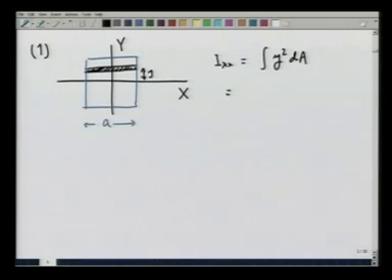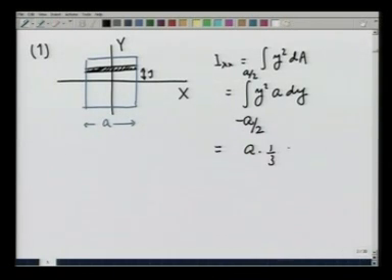So, this becomes integral y square a dy, and y changes from minus a by 2 to a by 2, and therefore, I xx is going to be a times 1/3 y cubed from minus a by 2 to a by 2, or this comes out to be a raised to 4 over 12.